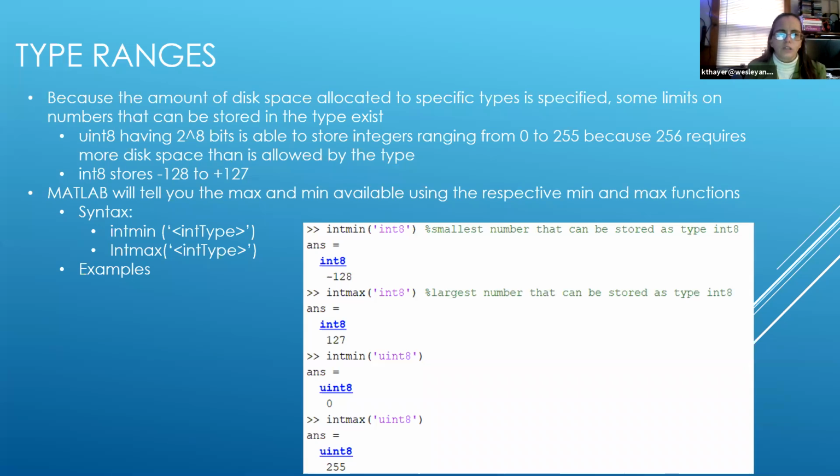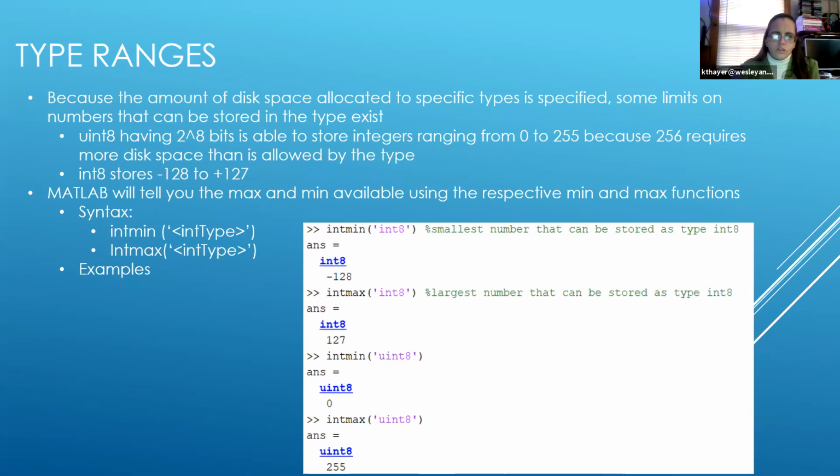The notation here is that when you have uint8, that means 8 bits, 2 to the 8th power. We're basically always working in binary, so we're always thinking about specifying the power to which it's raised. This is why I made the point earlier that it doesn't mean that we can only store integers up to the number 8. What it means is we can store things that take up to that amount of disk space, 8 bits, which happens to work out to be 255, because there are 256 values but 0 is also included, so we get from 0 to 255.